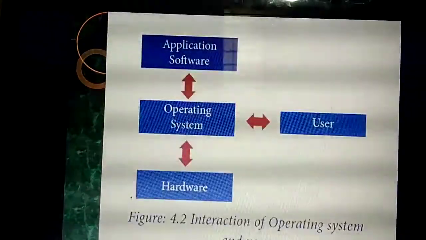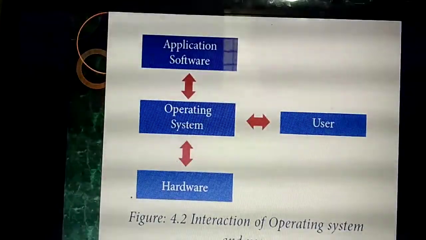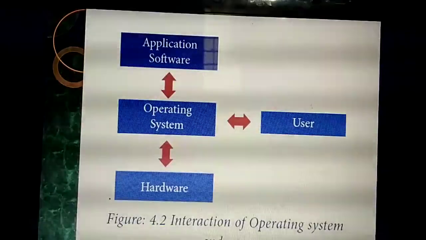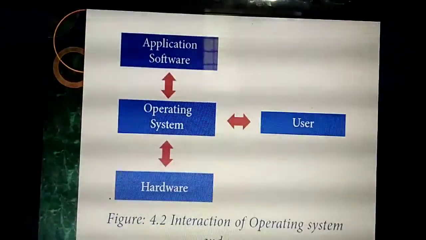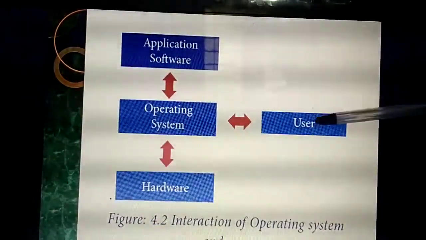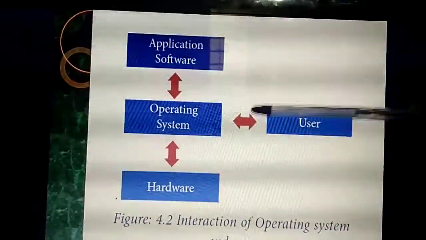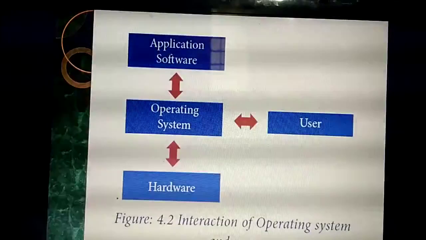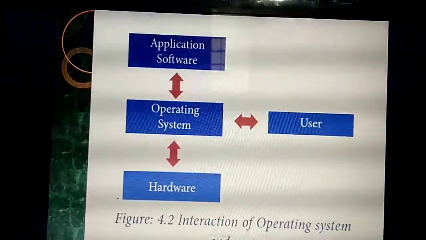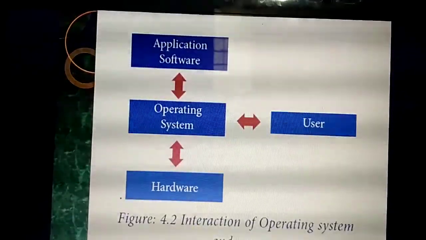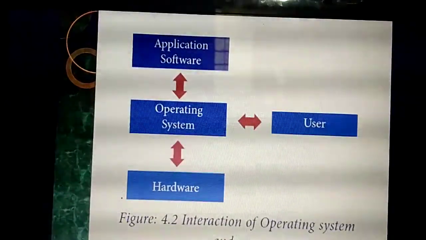Understand? So listen. This is how the operating system interacts with the device and the user. So this is the user. You are going to work on the system or laptop. You are giving some control or request. For example, you are going to type a paragraph or some text in a word file.